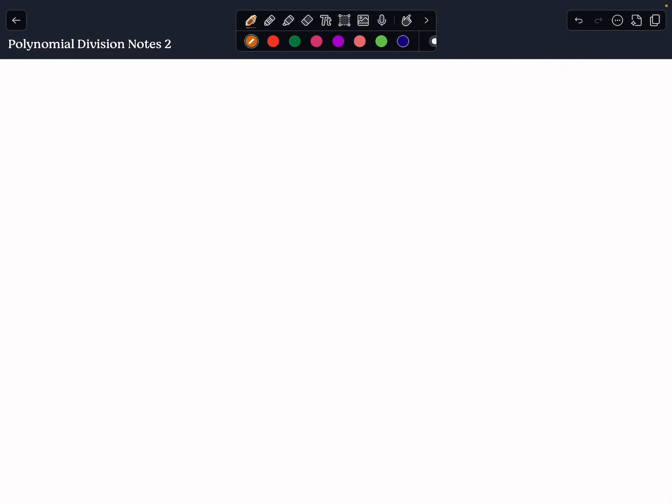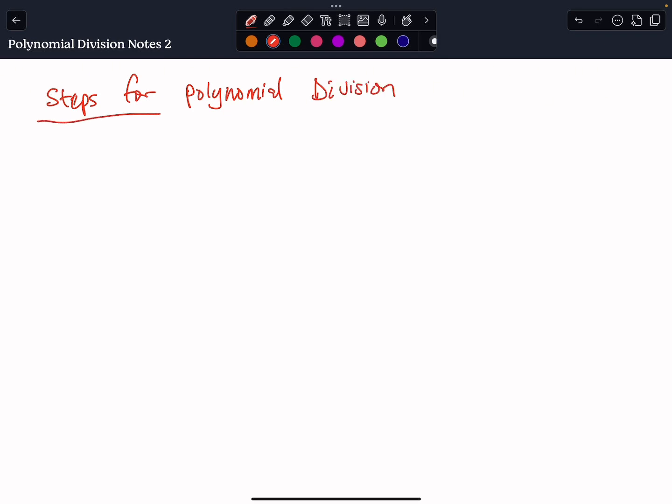So I'm going to call these steps for polynomial division. If you're struggling, make sure you keep these steps handy. Step one, divide your first number by your first number.